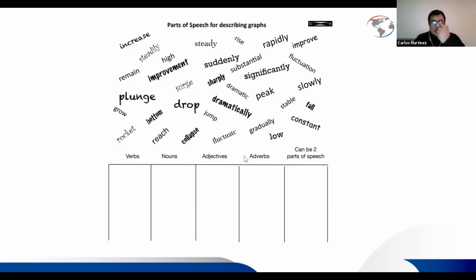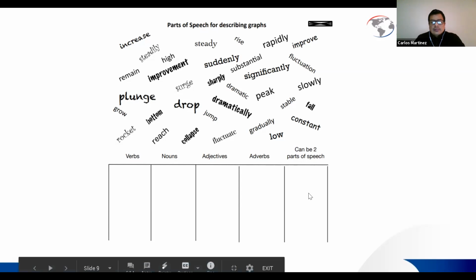Adverbs and adjectives are words that give characteristics or descriptions to things, qualities, but adjectives give qualities to nouns and adverbs give qualities to actions normally, okay? So again, we have verbs, which are actions, nouns, which are people, places, cities, or things, and adjectives and adverbs, which are qualities, adjectives of nouns and adverbs of verbs. And this column is for words that can be both, or they can be two things.